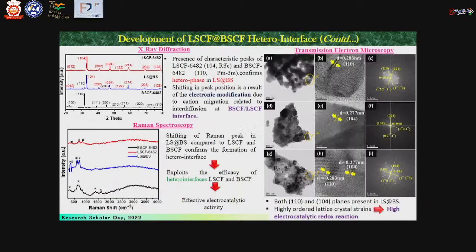To exploit both the properties of the optimized batches, we have synthesized the LSCF BSCF based hetero interface, where the formation of the hetero interface is confirmed from the shifting of the 2 theta from the X-ray diffraction analysis, and also substantiated from the Raman spectroscopic analysis by the shifting of the Raman peak in the hetero interface material compared to its pristine phases.